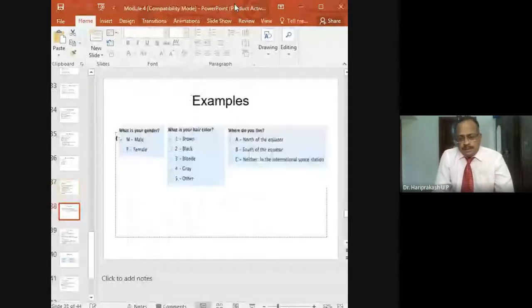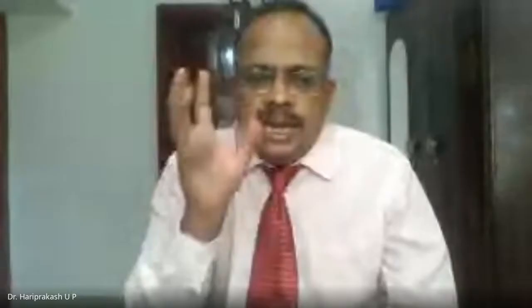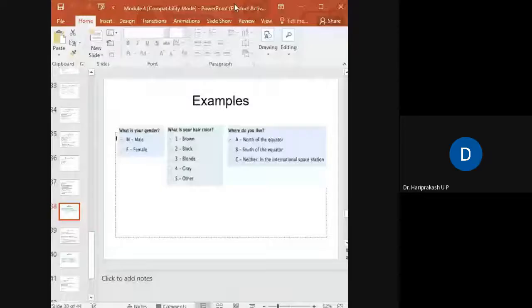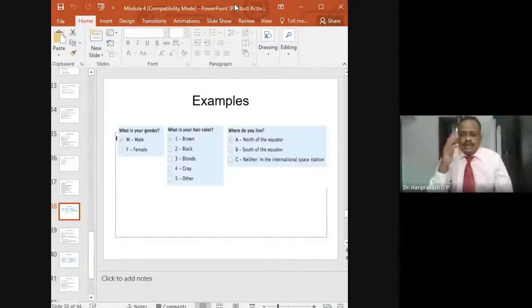Some examples: how do we use a nominal scale in research? When you ask gender, male, female, that is just a nominal scale. Hair color, blonde, gray, other, all this is just a nominal scale.